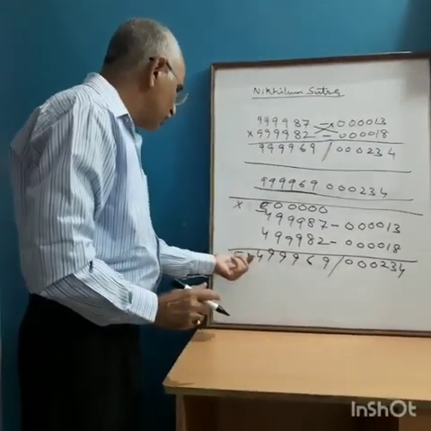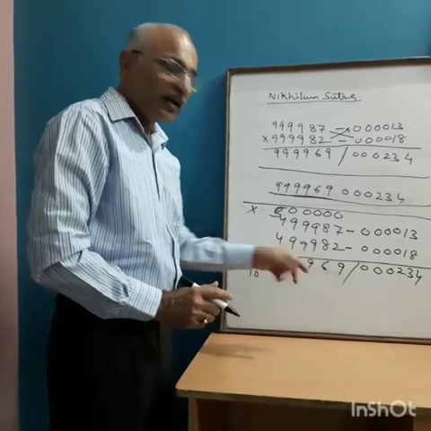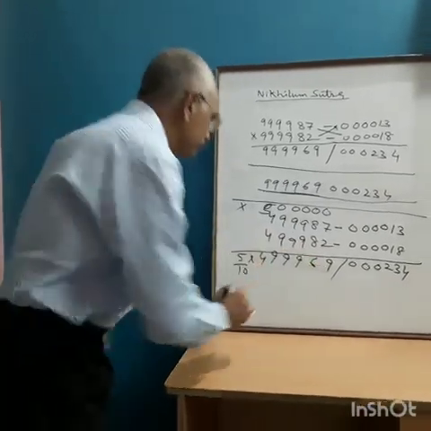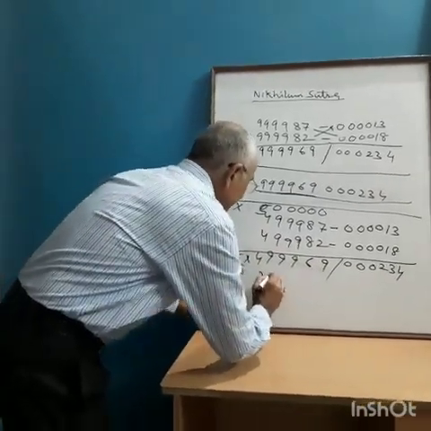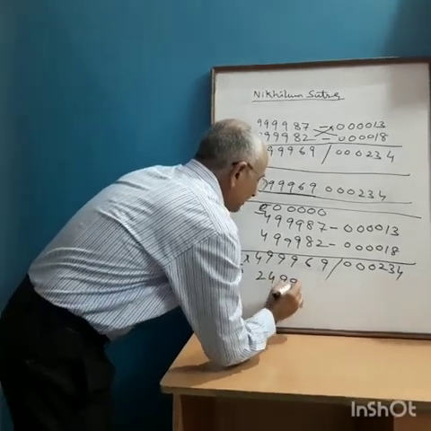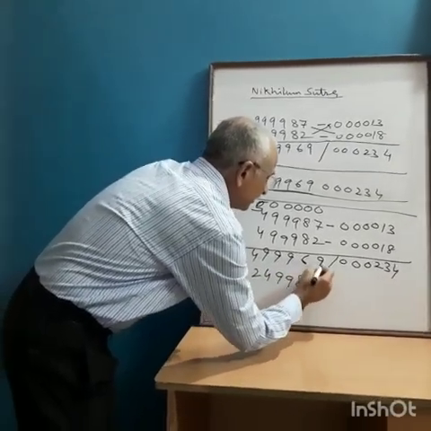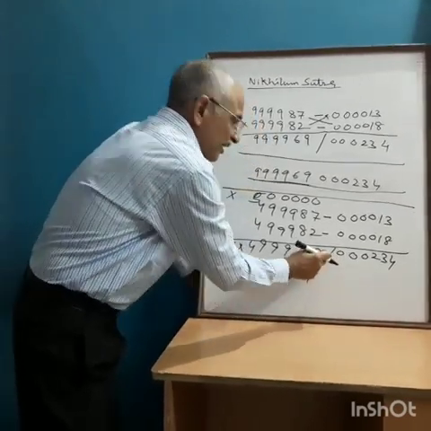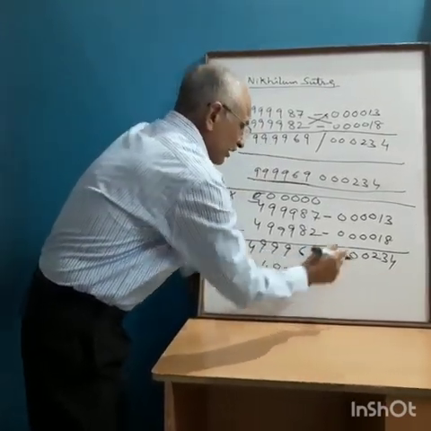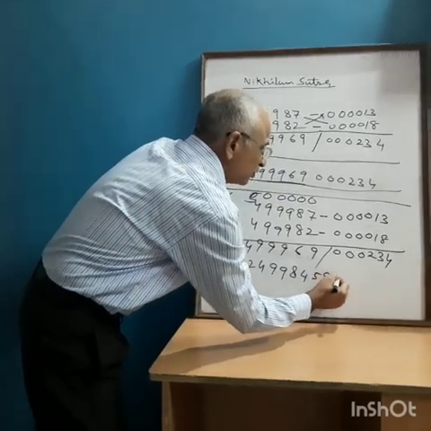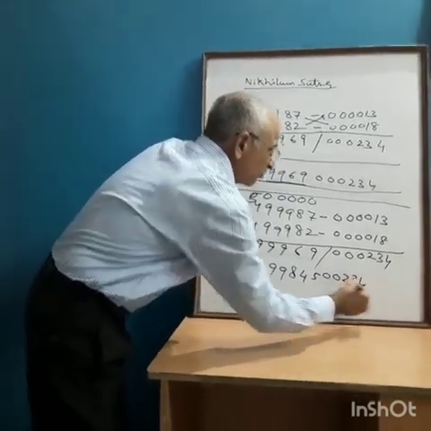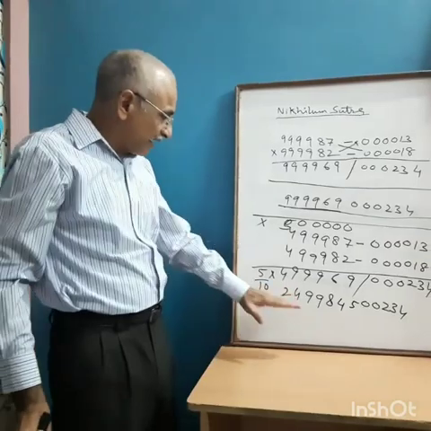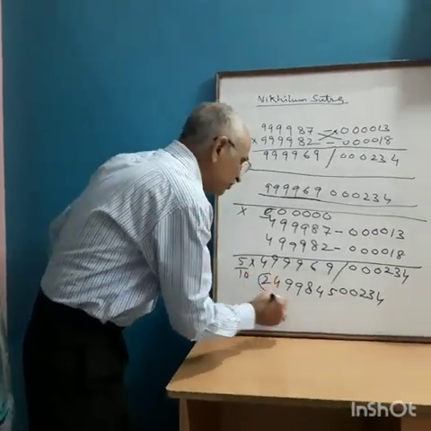When you do 5 by 10 times of this, it means you divide it by 2. It means 2, then 4, then 9, then 9, then 8, then here 4, then 0.5. This 0.5 will go here and it will be 500234. This is the answer.